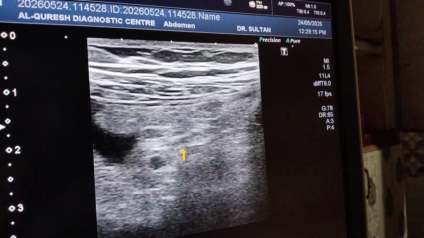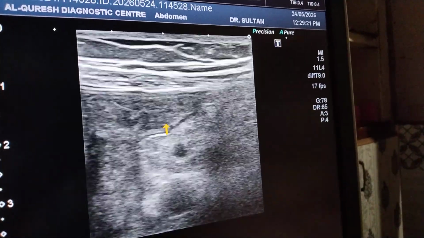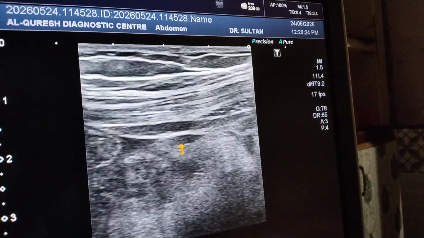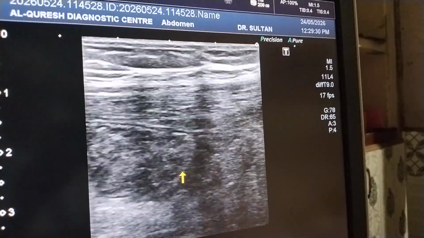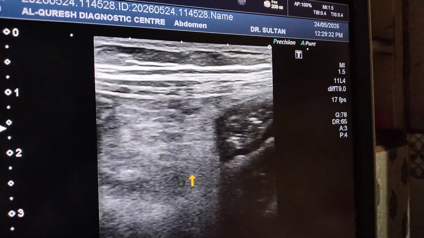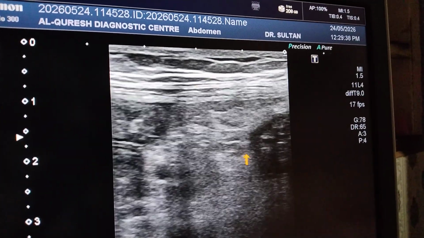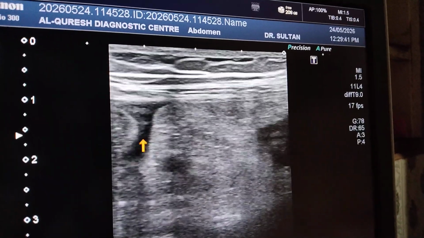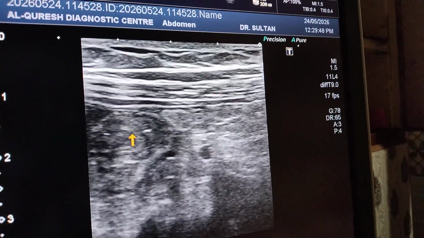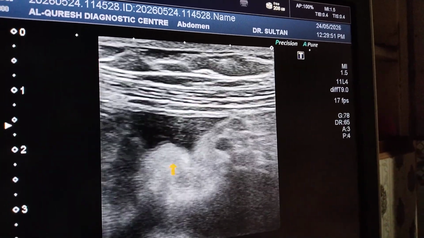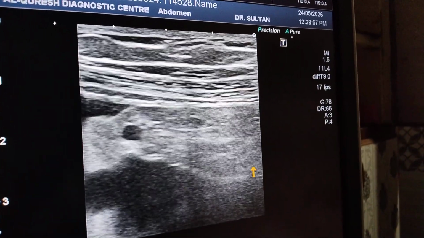This is the omentum, which is also thickened and heterogeneous. This all is the omentum, and these are the gut loops which are normal looking. And this is the omentum, this one, which is thickened, heterogeneous.